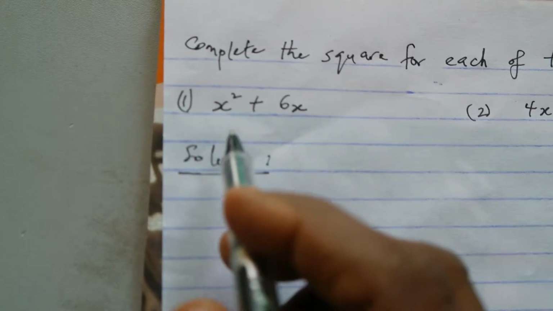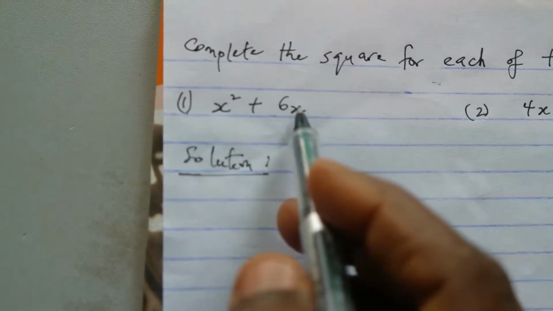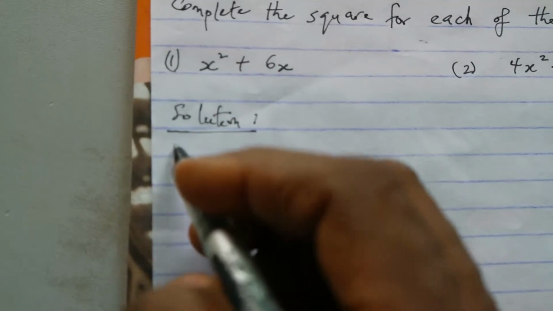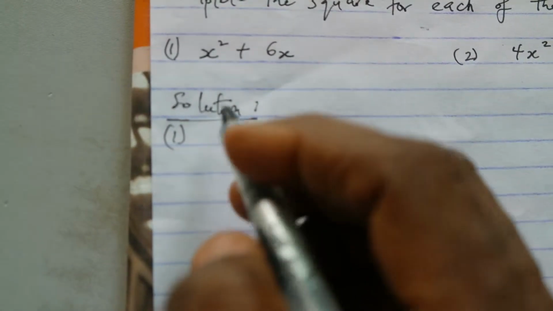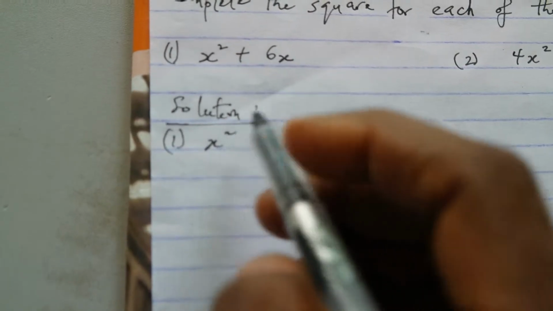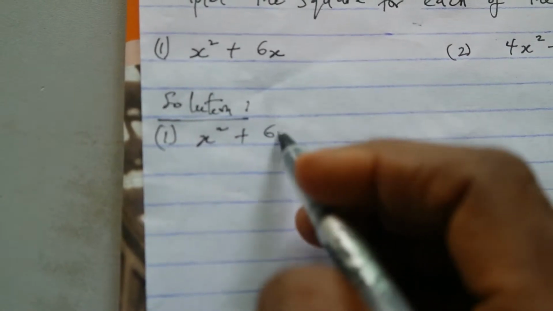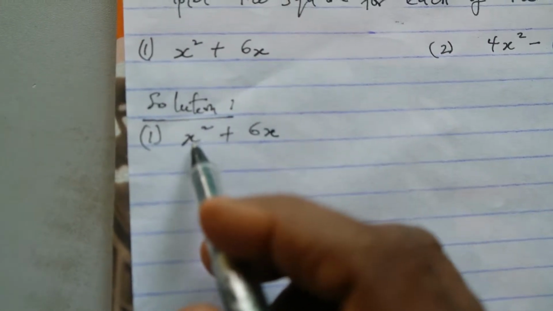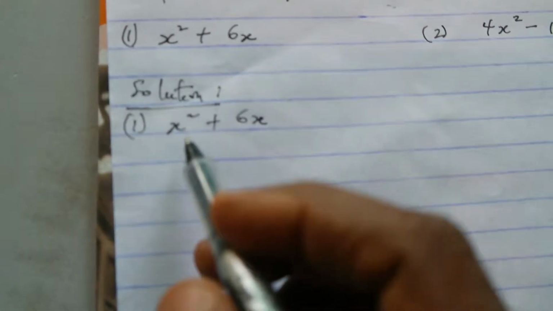So for the first one, we have x squared plus 6x. Now to complete the square for this, the variable here is x.